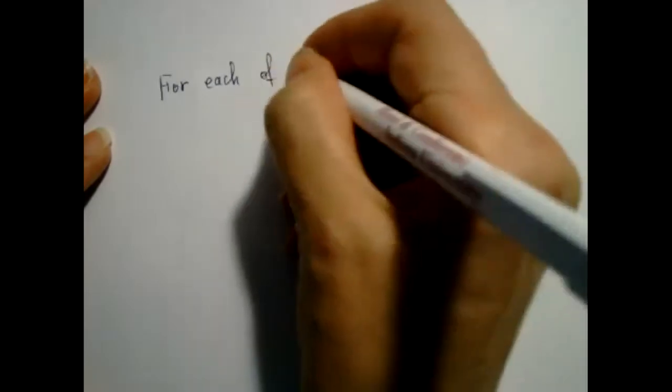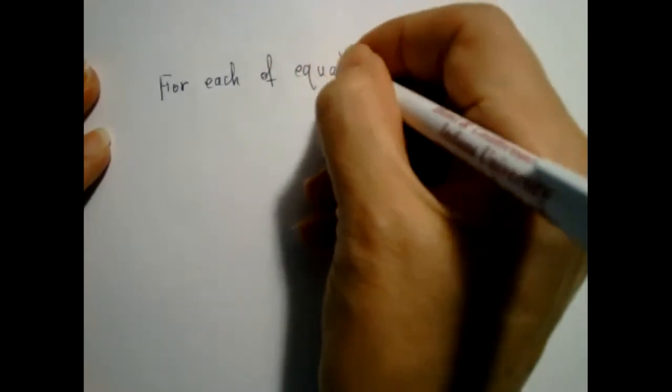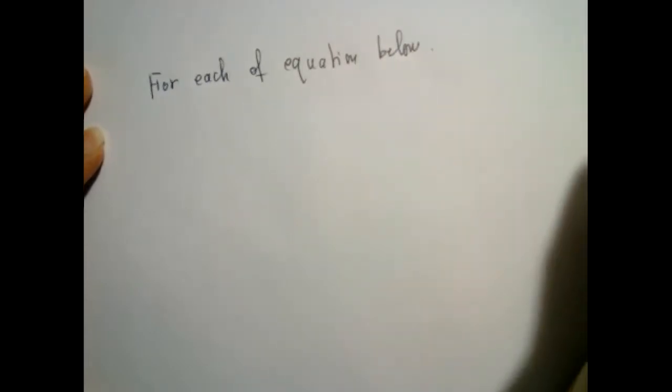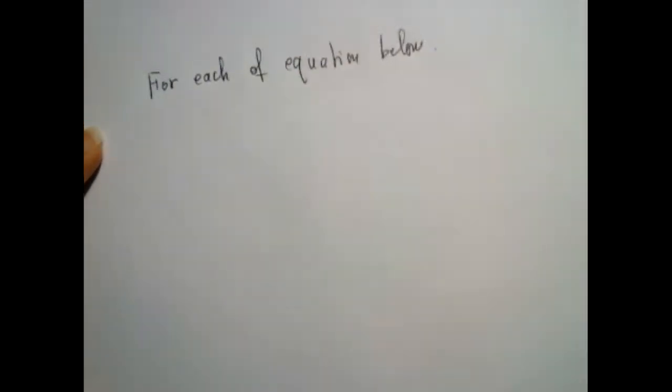So I will start with the following question just to make sure you got both equations going. For each equation below, decide if the graph is a circle or an ellipse.